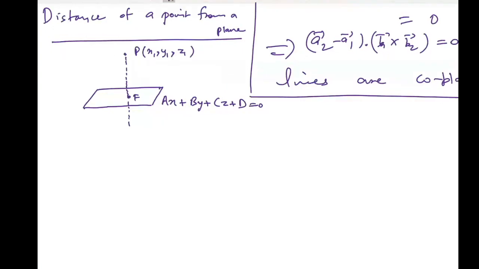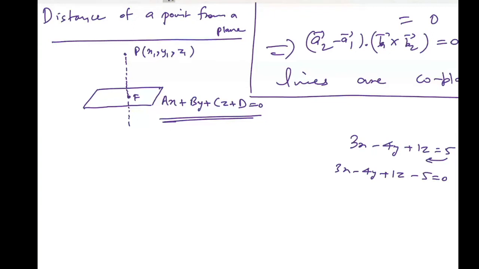What is the formula? See, very simple. First of all, in the plane, you make one side as 0. Here it is already equal to 0. What I want to say is, if the plane is like this, equal to 5, you move it here and make it like this. You make one side as 0, then only this formula will be used. What is the formula for the distance of a point from the plane?